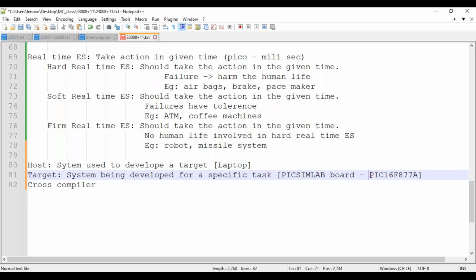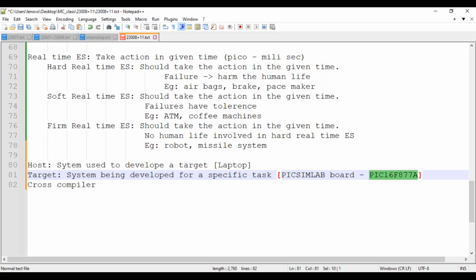We are going to select the PIC16F877A microcontroller because it has multiple functionalities, so many things are already built in, and it is easy to make use of protocols and all using the PIC16F877A.